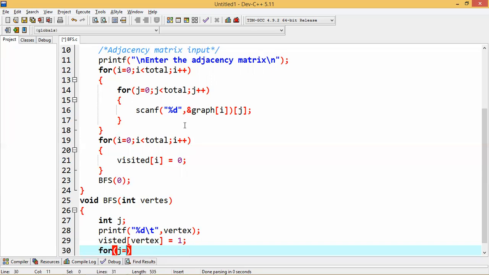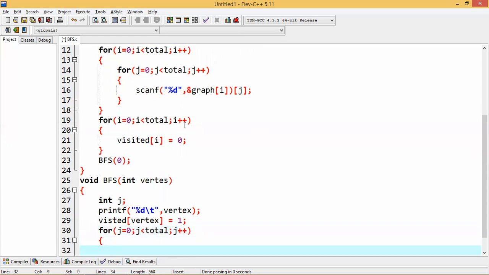So I'll start j equal to 0, j less than total, j plus plus. Now what I am doing, I'll consider those nodes which are not visited. So that means not of visited j. Not of visited j means what?